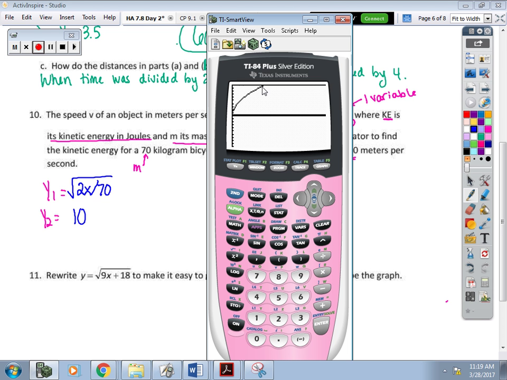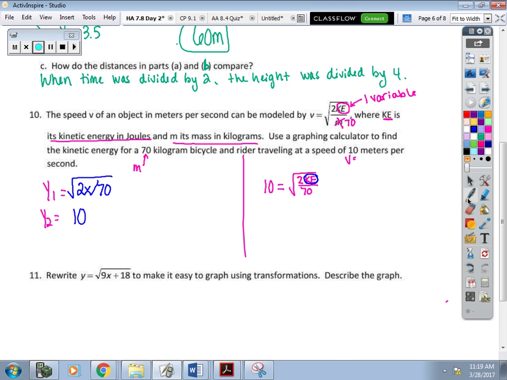And then you do see them intersecting just at the very top. If you wanted, you could change your Y max, but you really don't need to. So second trace, intersect, line 1, line 2, and then your guess, you will get as close as possible. You should get 3,500. Now what is the unit that we would attach to that based on the word problem?